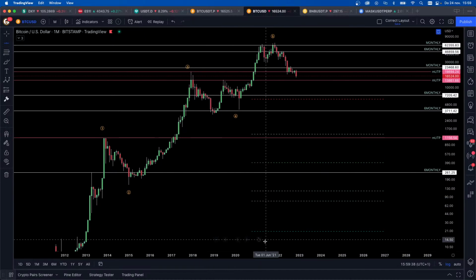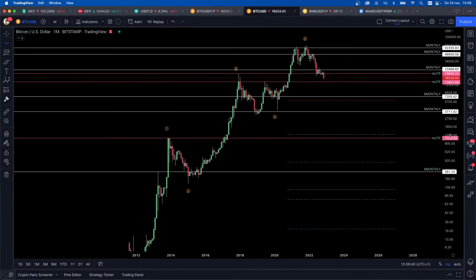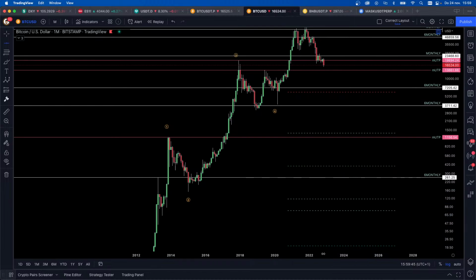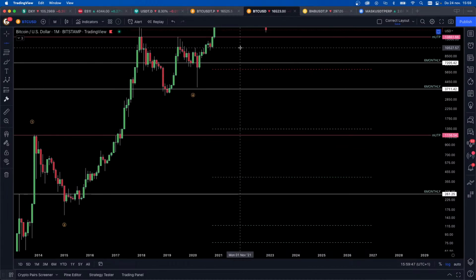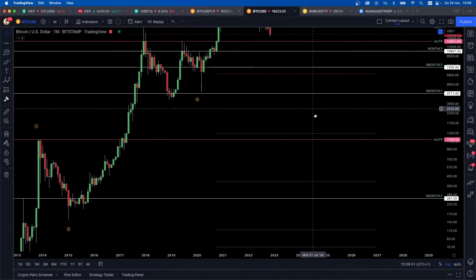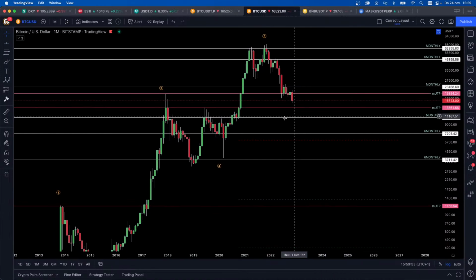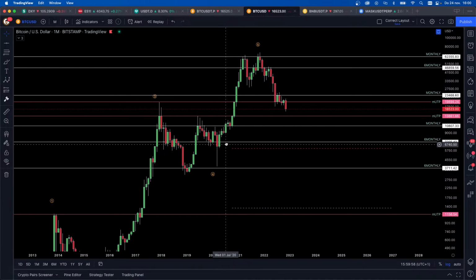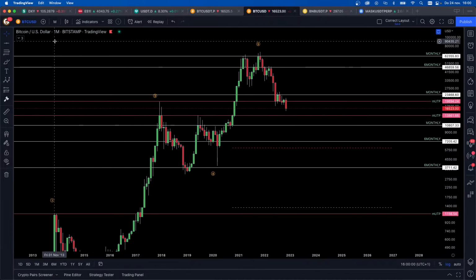Then after I have my whole analysis, I will be able to make trades on a lower time frame. These are my most important resistance monthly level, support, and yeah, support in here as well.